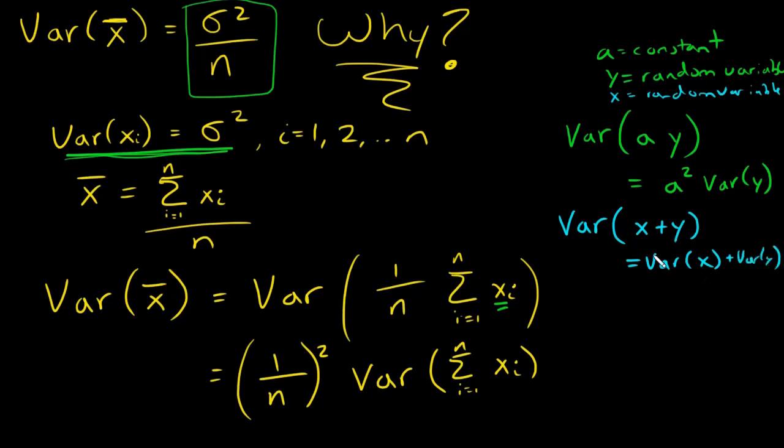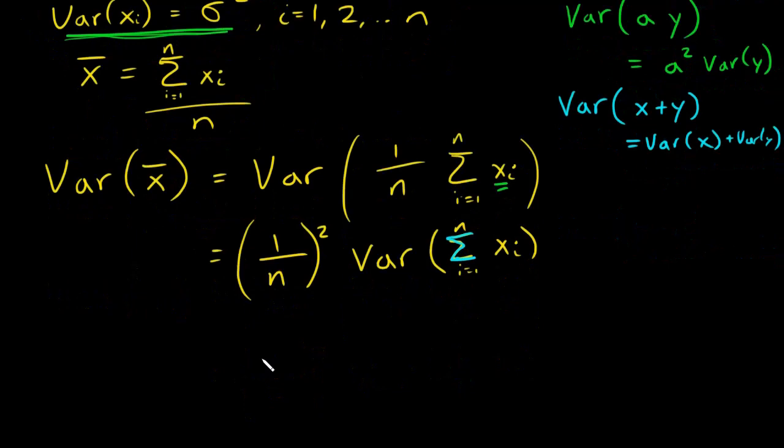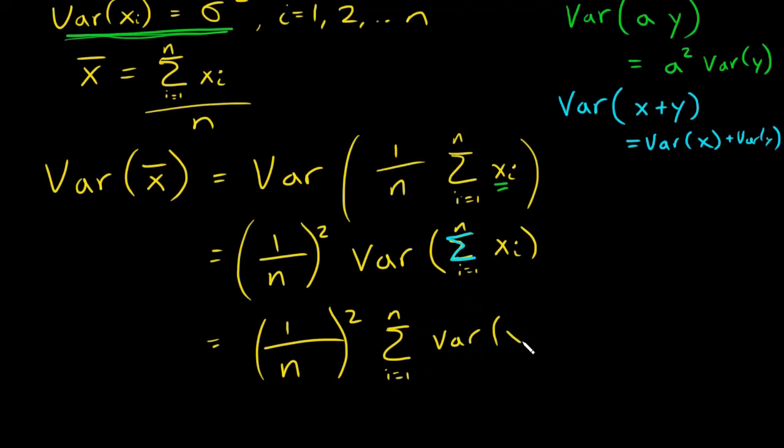So I can break up that sum. Now when I see this sum here, I can pull the summation out. So let's do that: 1 over n squared times the sum from i equals 1 to n of the variance of xi.